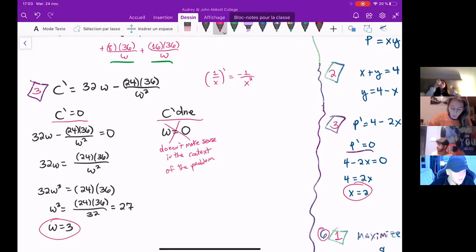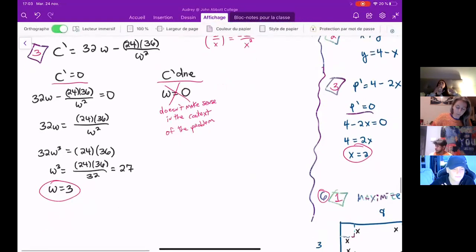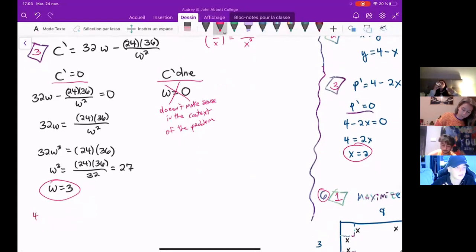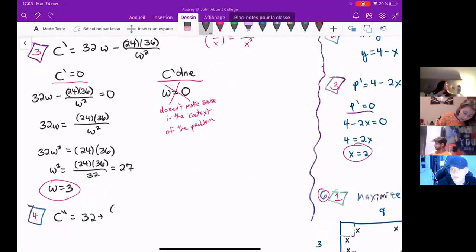So then we move on to our step 4, where we find C double prime, and we do the second derivative test. And C double prime is 32 plus 24 times 36 times 2 over W cubed. And this actually maybe looks similar to something that we did yesterday.